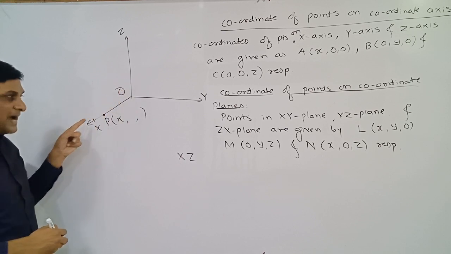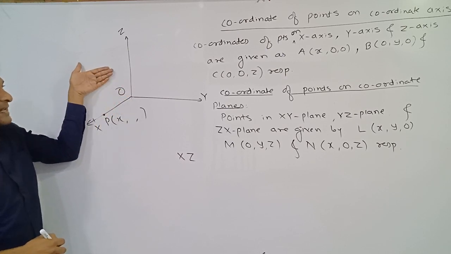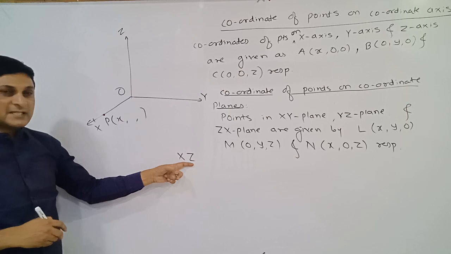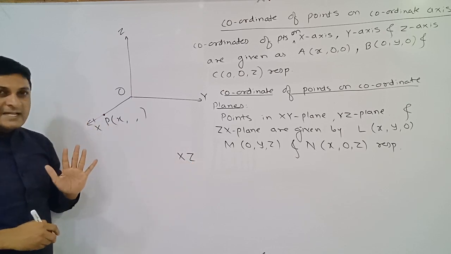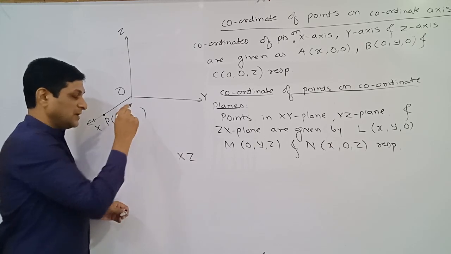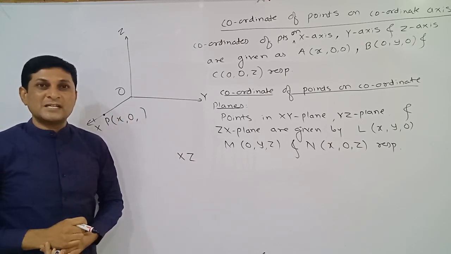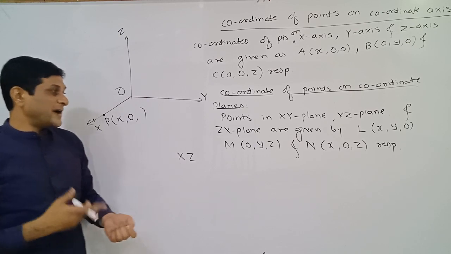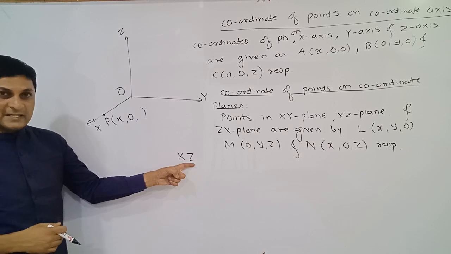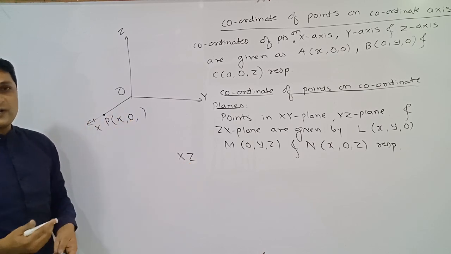Yes, it lies either on the x-axis, or on the z-axis, or in this plane. At that time, we can say that the point lies in the xz plane. So already the point lies in the xz plane, which means its distance from the xz plane will be 0. If I am standing in the xz plane itself, how much will my distance from the xz plane be? 0. So our definition says that the distance of this point from the xz plane will be 0. That's why we can say that the y coordinate is 0.